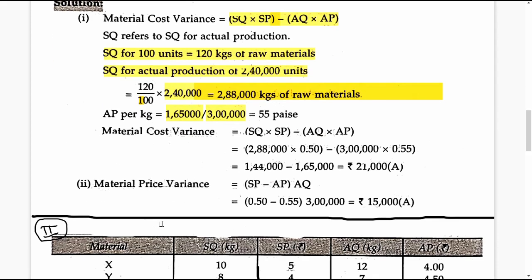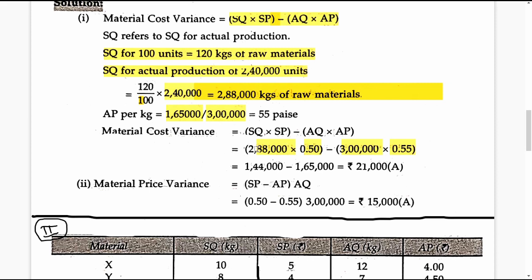Now let us calculate material cost variance. Standard quantity for actual production 2,88,000 kgs into standard price given in the problem 50 paise, minus actual quantity purchased and consumed 3 lakh kgs into actual price per kg we calculated just now as 0.55, that is 55 paise.